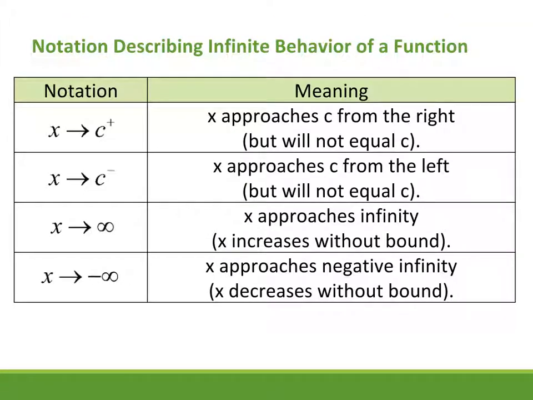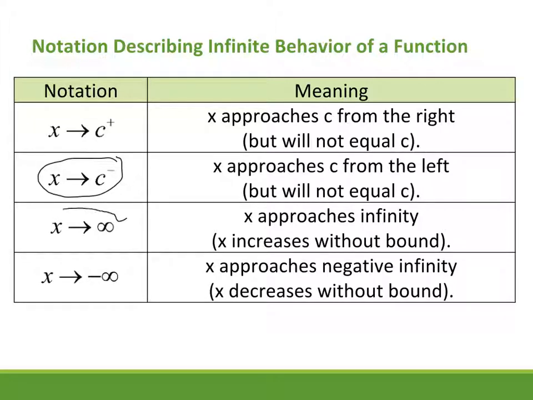We're going to have the following notation of behavior of a function. As x approaches c, a point on the line, going from the right, but not equal to c, we say that x approaches c from the right. X approaching c from the negative side, or from the left, we will say that x approaches c from the left.